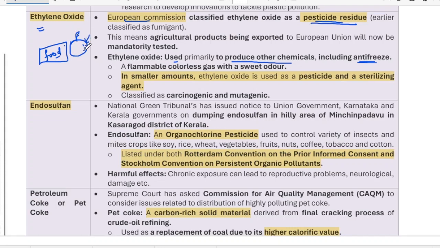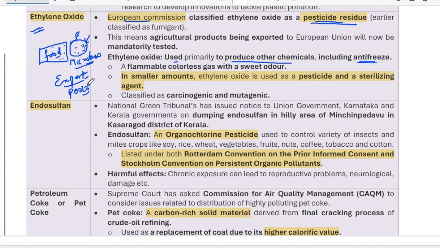In order to fumigate it, or to kill these insects, or even microbes, before export, ethylene oxide can be used to sterilize those microbes and to kill the pests that are inside this food.